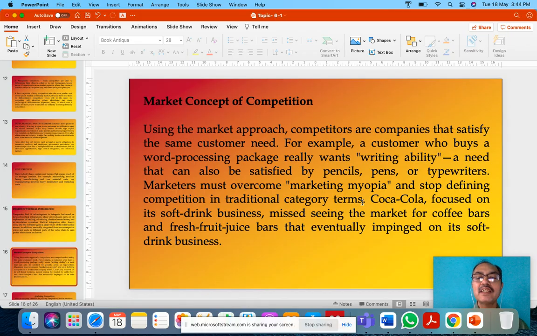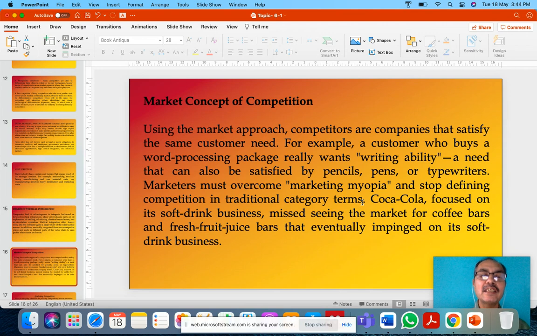Like I have taken the example earlier also, the Indian film industry was thinking that they are different from the television industry, so they were hesitant to come on TV. But now you can see that they have realized that the film industry and the television industry both are part of the entertainment world.